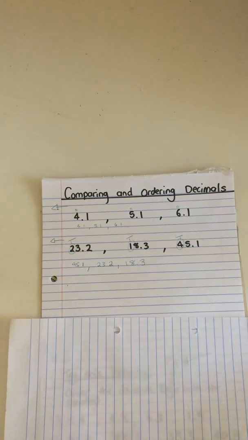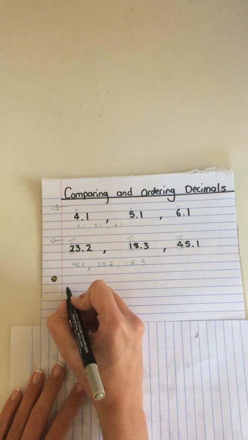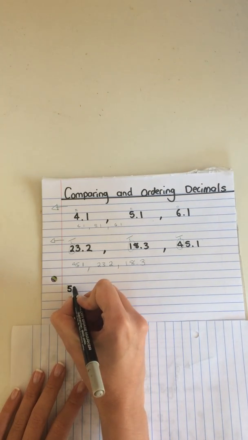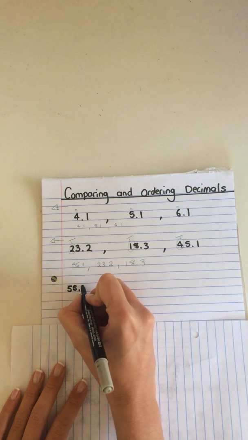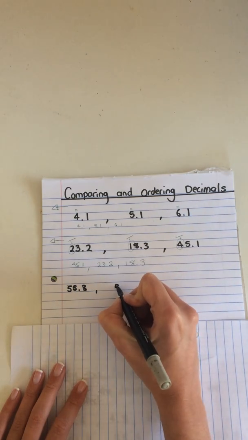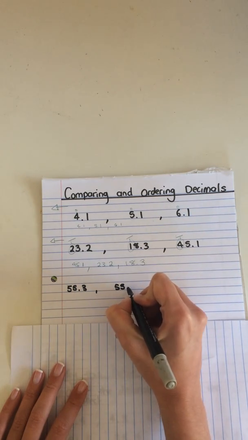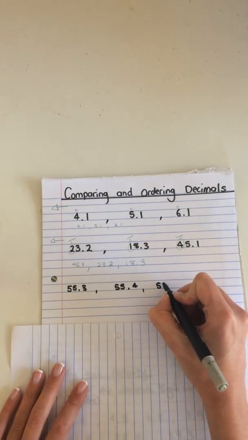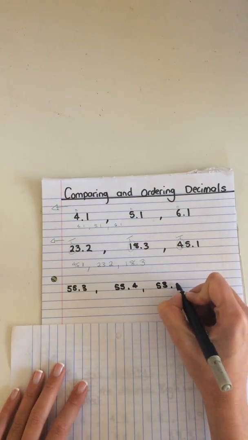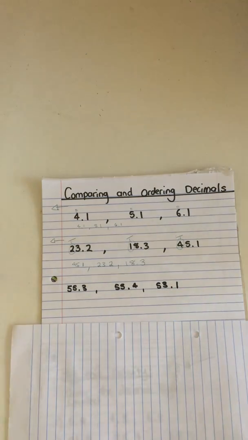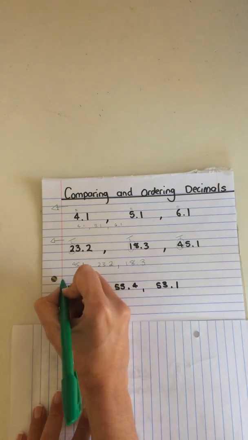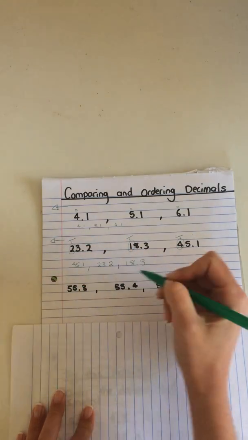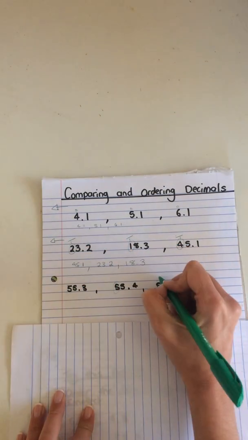Right. Sometimes you will have a little bit more complicated examples. For example, if I have 55.3, 55.4, and 53.1. Right. So I start with my rule, which is to look at the number that's closest to the left-hand side. Here I have tens.